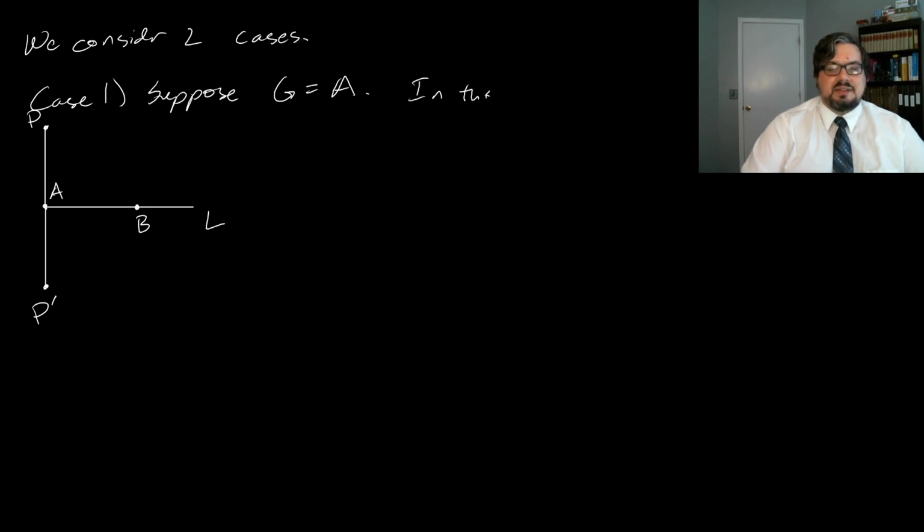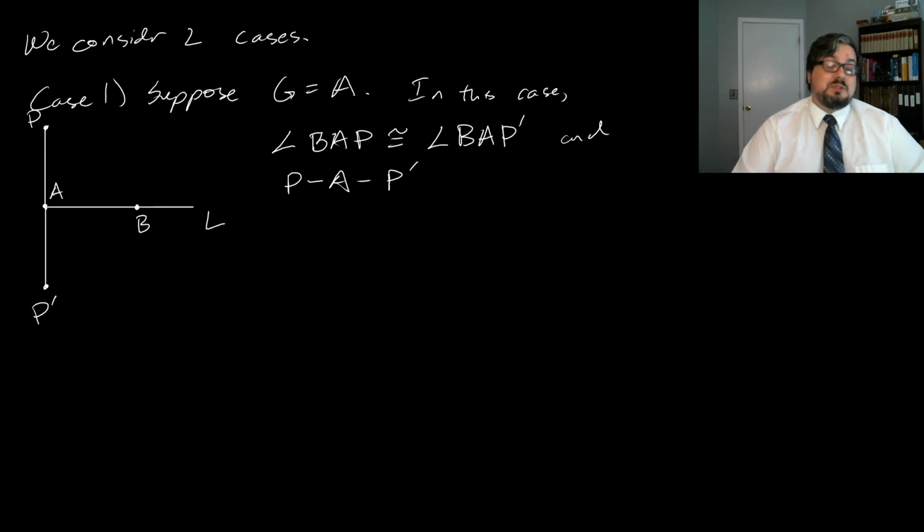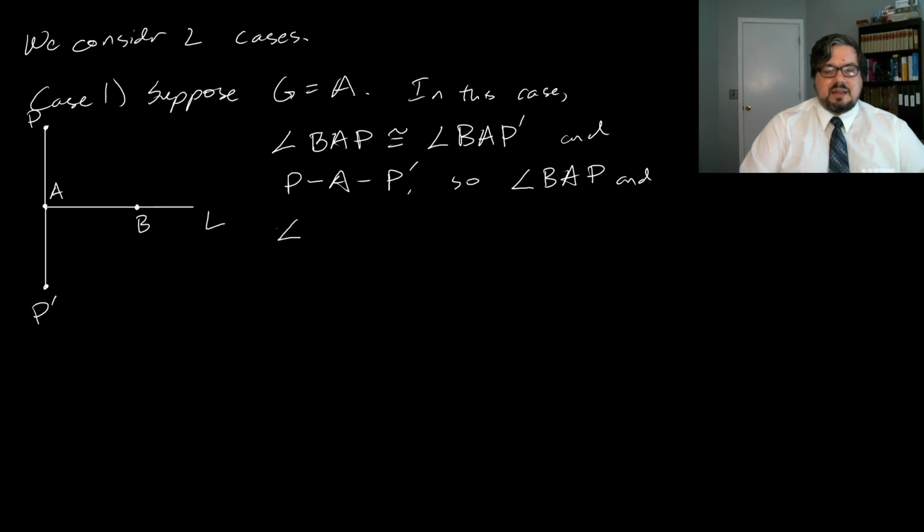So in this case, we have that the angle BAP is congruent to the angle BAP prime, and we have that A lies between P and P prime because G is actually equal to A. So that means that the angle BAP and the angle BAP prime form a linear pair.